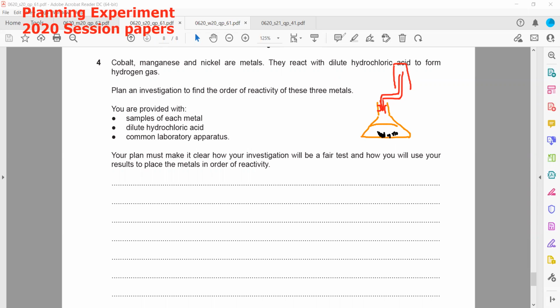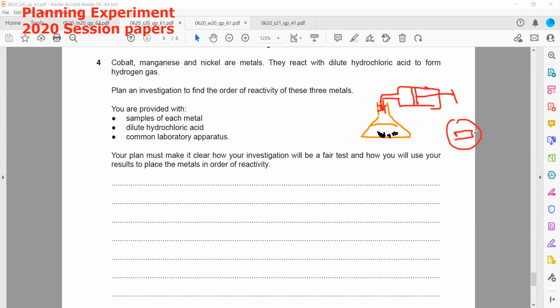We want to measure the volume of the gas. A gas jar is only to collect the gas, but to measure the volume of a gas, we should always use a gas syringe. We'll start the timer when the acid is mixed with the metal.